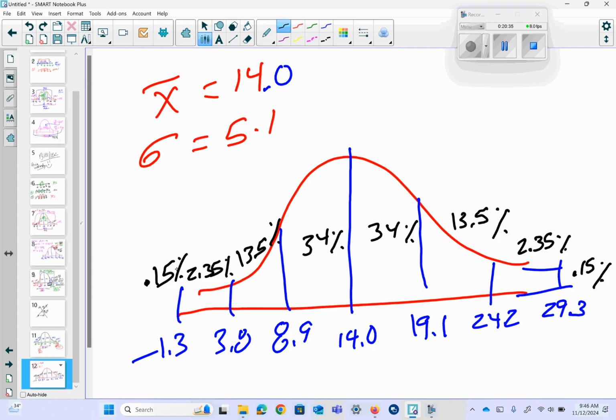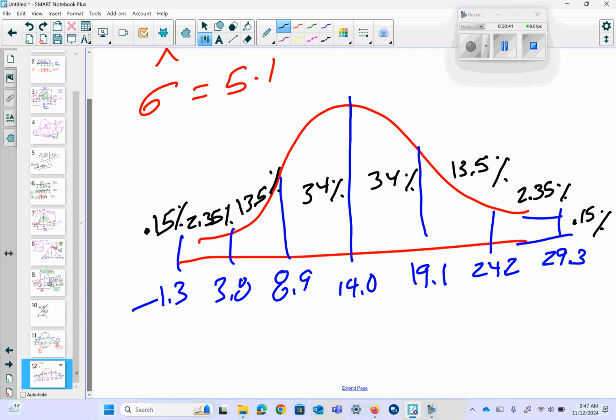Okay, so it's fine that we have the table drawn and the percents. I just added more information we needed. So for number 13, what data lie within 1 standard deviation? We're going to go between 8.9 and 19.1.